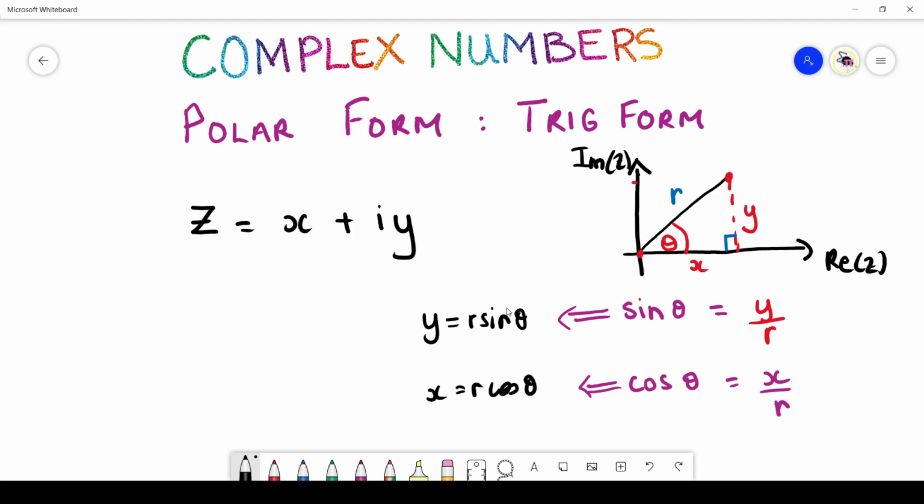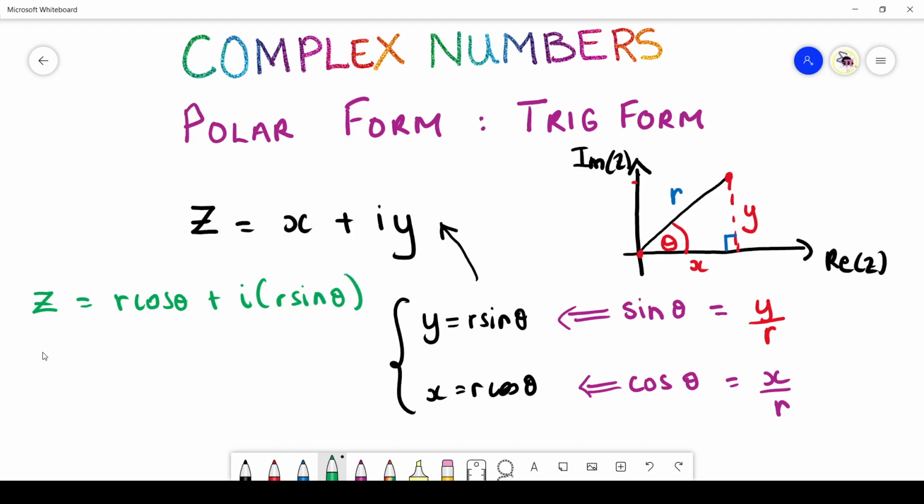So we have two small substitutions that we can take, and we can substitute them into our standard form. If we do that, we will get z is equal to r cos theta plus i times r sine theta.